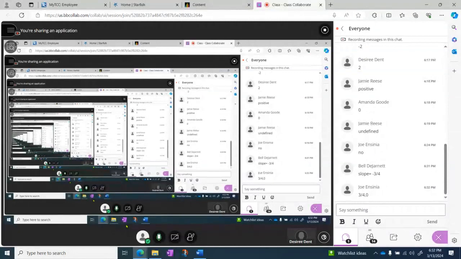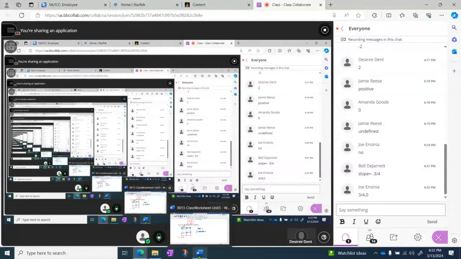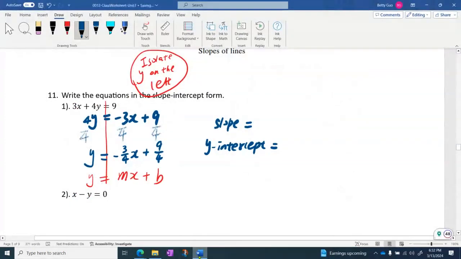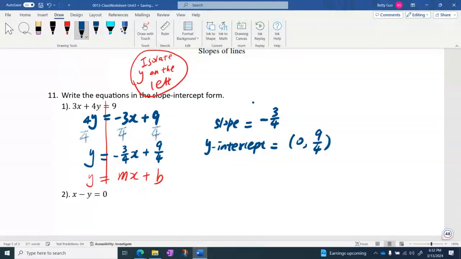Zero, the other way around. Joe says 0, comma 9 over 4. Okay, yeah, slope is negative 3 over 4. Y-intercept is 0, comma 9 over 4.